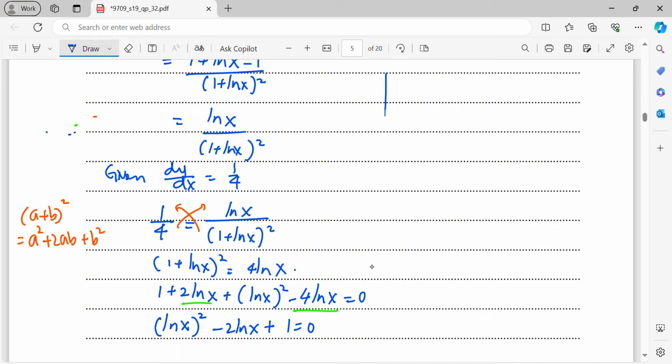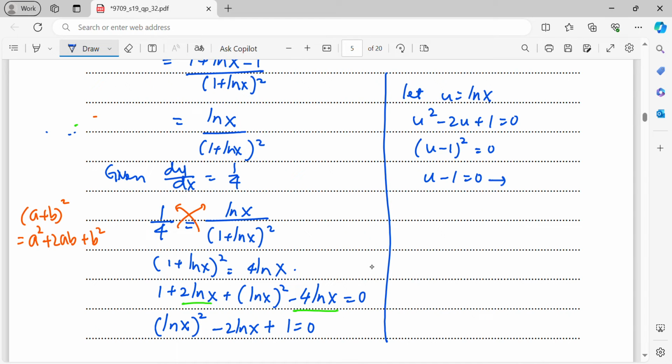Okay, then from here, I will let u equal ln x. That means I get u² - 2u + 1 = 0. When you factorize this, it is (u - 1)². So u - 1 = 0, then u = 1. Now to get x, substitute this u into u = ln x, which means ln x is 1.